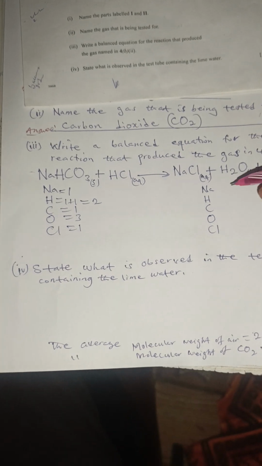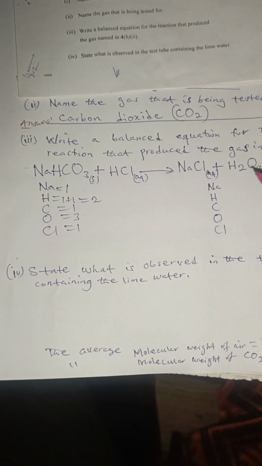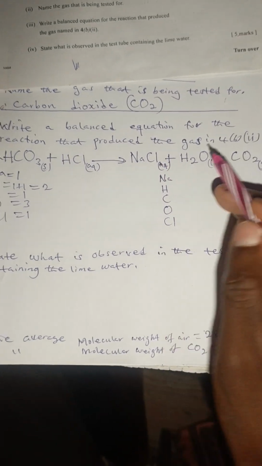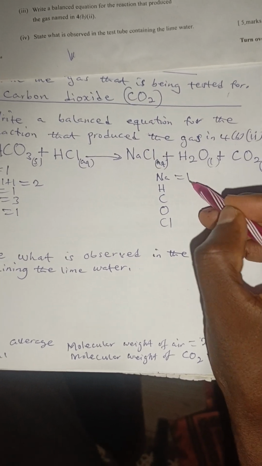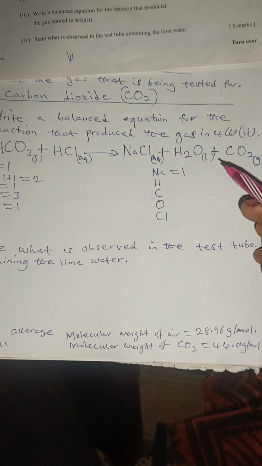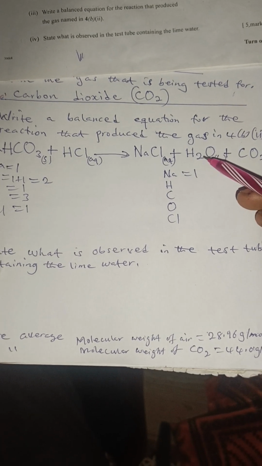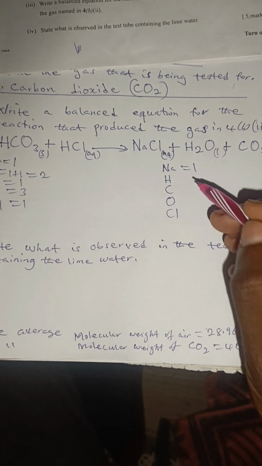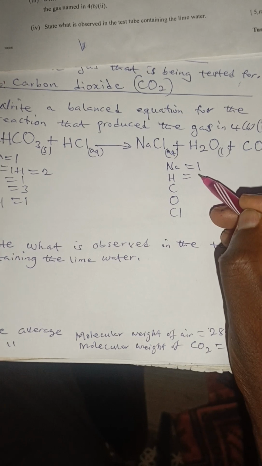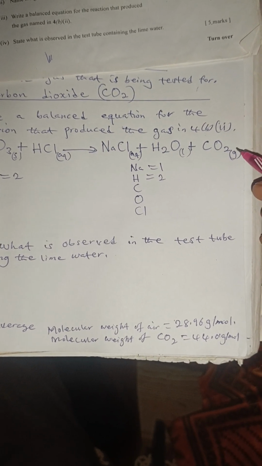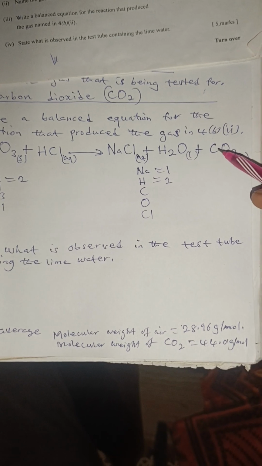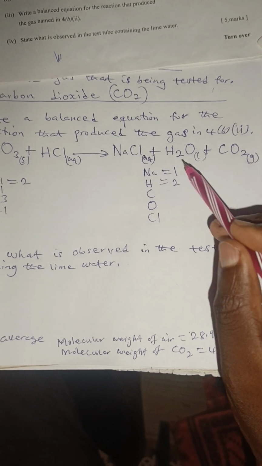Now let us go to this side. Sodium, how many atoms do we have? We have only 1, so we write 1. Hydrogen, how many? We have 2 atoms of hydrogen here, then we have 2. Then for carbon, how many do we have here?